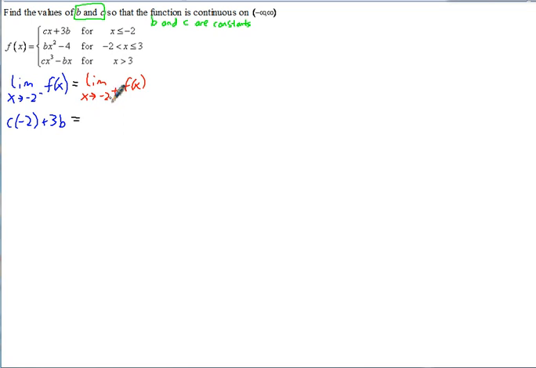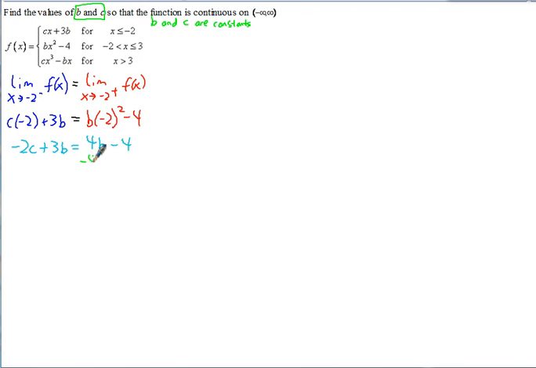F of x, you'd have to plug in -2 into this piece. So it'd be b times -2 squared minus 4. So c times -2 is -2c plus 3b equals -2 squared is 4 times b, 4b minus 4.